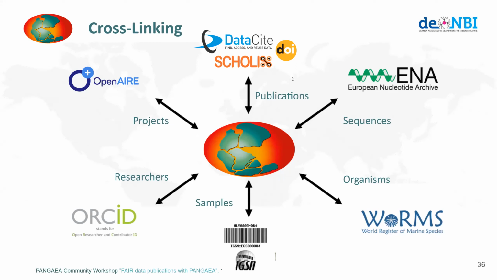We can link projects, publications, or also samples if there are standardized sample IDs. Cross-linking means here that we do not only link to the services, but they can also harvest this information from us and use this, for example, for a data citation index. This is one example for that.